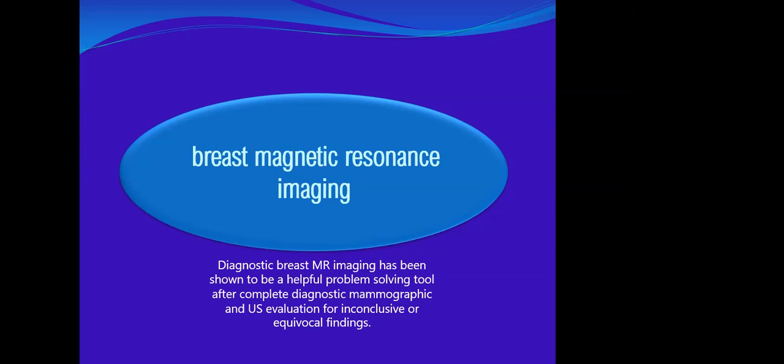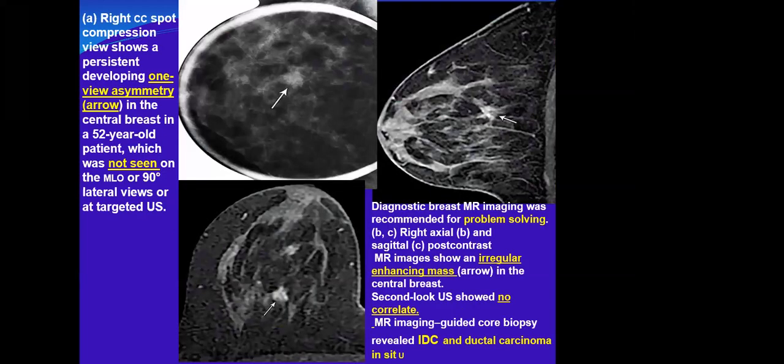We should not just see a developing asymmetry or focal asymmetry without doing spot compression or other mammographic views, not doing ultrasound, jumping directly to MRI. We have to complete the whole workup, and then if we need, go to MRI, and this is an example.